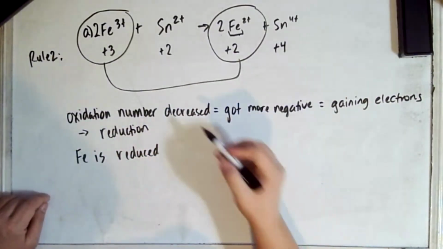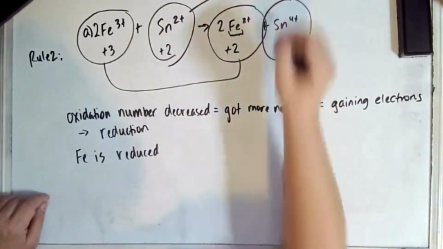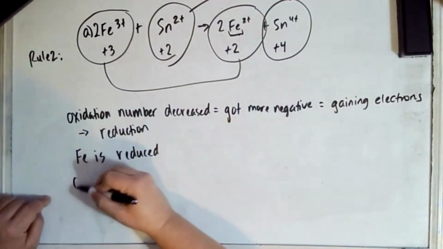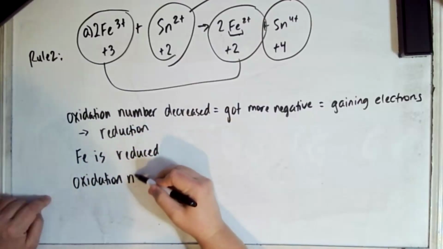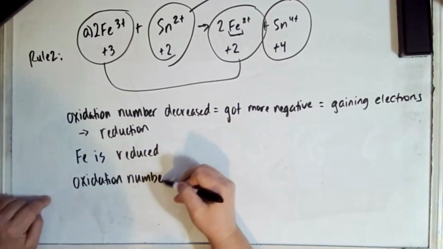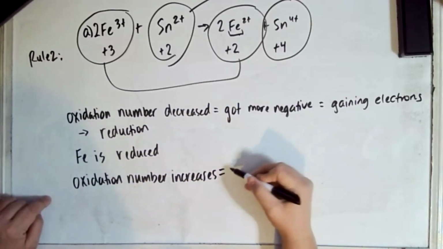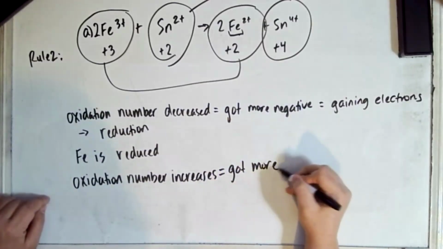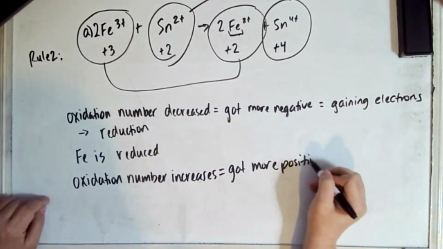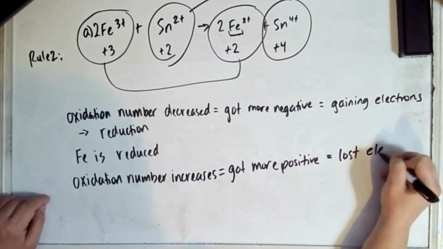And then if we look at our tin, it goes from +2 up to +4. When our oxidation number increases, that means our substance got more positive, which means that it lost electrons.